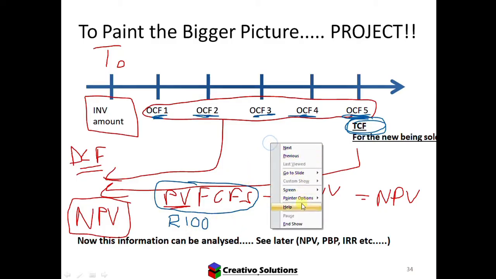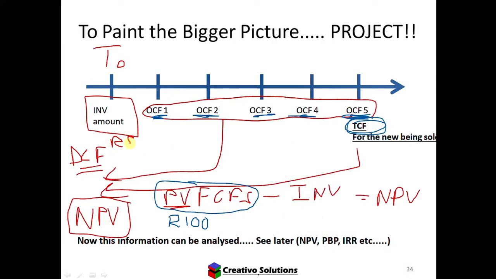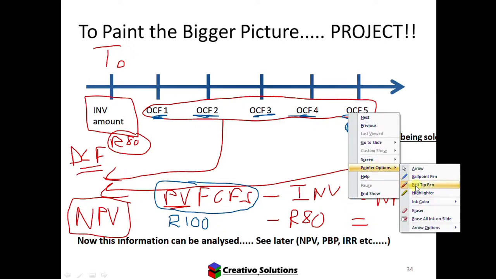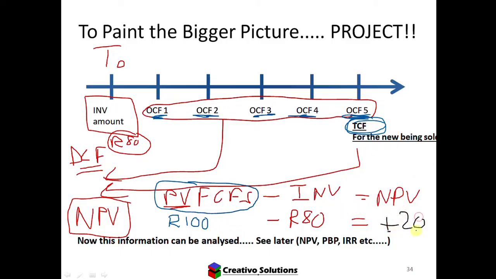And let's assume that my initial investment was 80. Obviously, your net present value is going to be plus 20. Does that make sense? Yes. And this would be NPV greater than 0. So if NPV is greater than 0, we would accept the project.